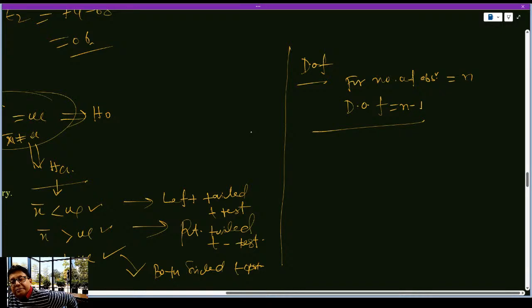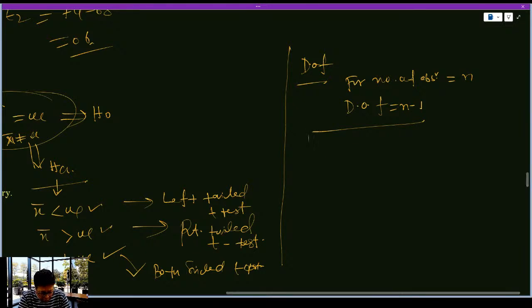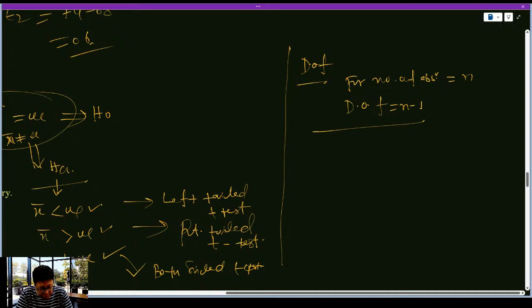What is that? What does degrees of freedom actually represent? Degrees of freedom actually represent the number of possible options of the sampling. What do you mean by that?